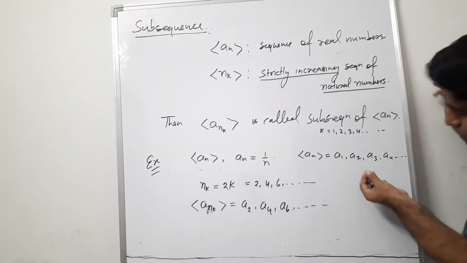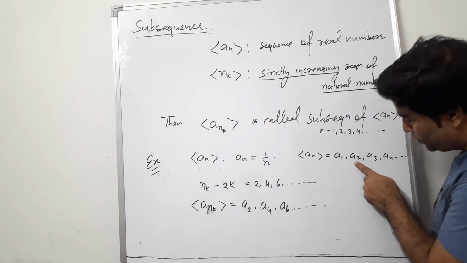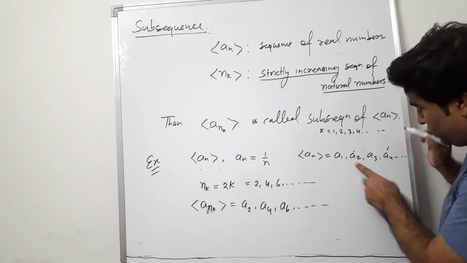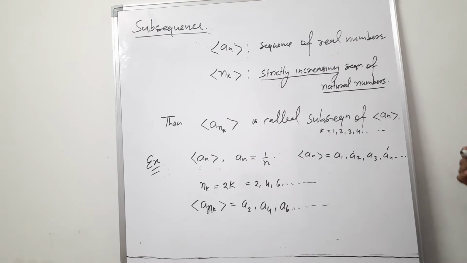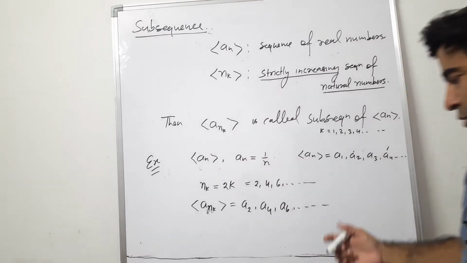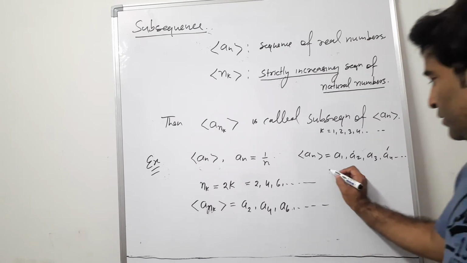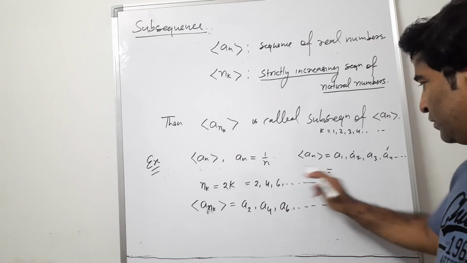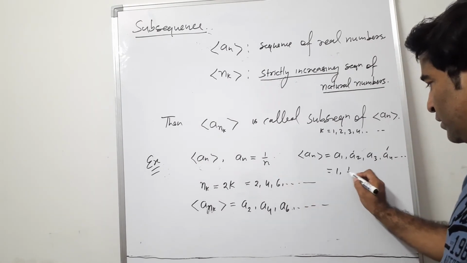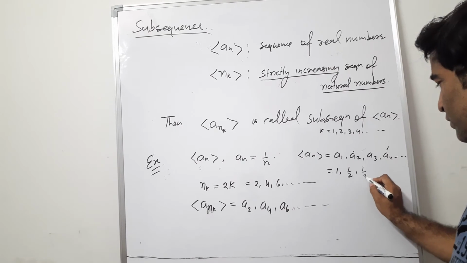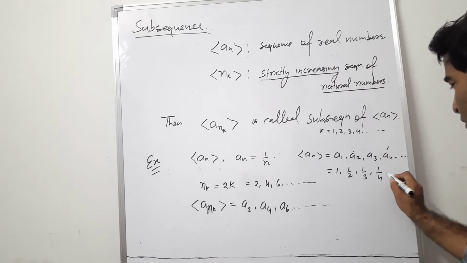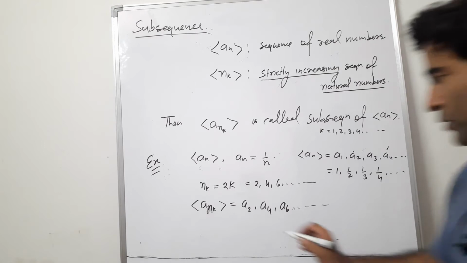So here we pick only even terms of the sequence, a2, a4. Similarly, the next term of the subsequence will be a6, and this is from the given sequence 1, 1 by 2, 1 by 3, 1 by 4 and so on.